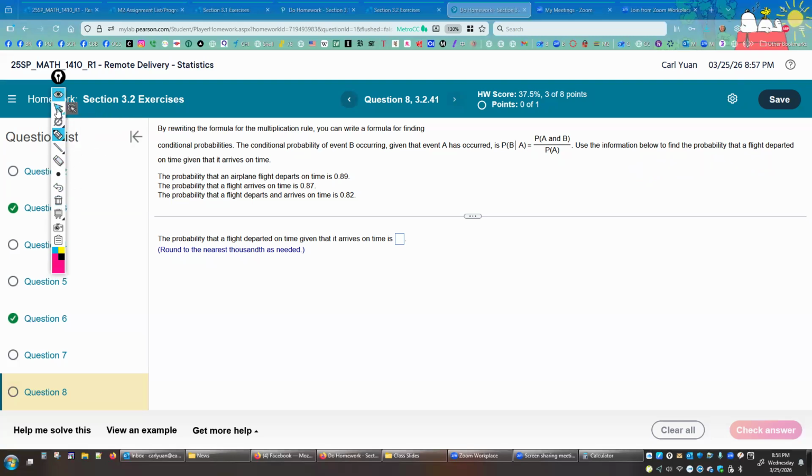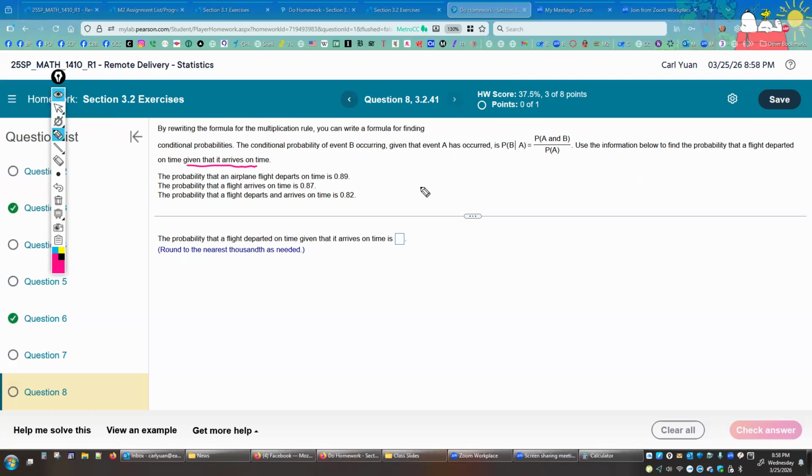The question is asking: use the information below to find the probability that a flight departed on time given that it arrives on time.